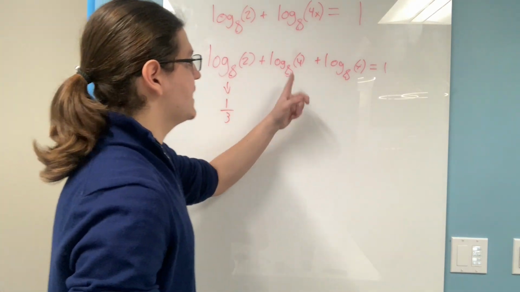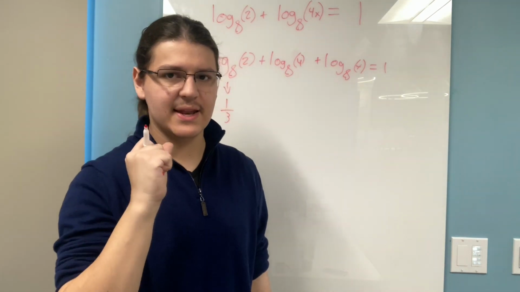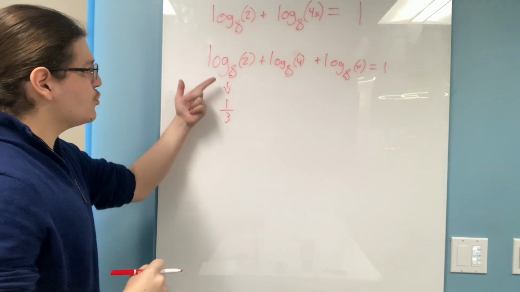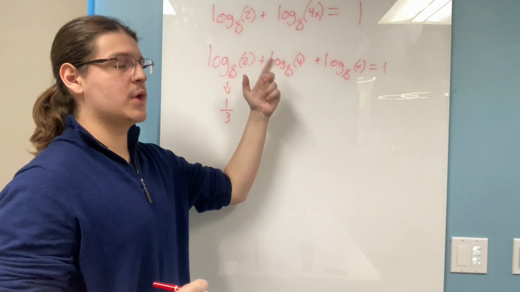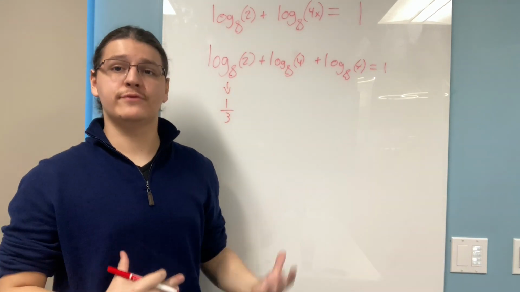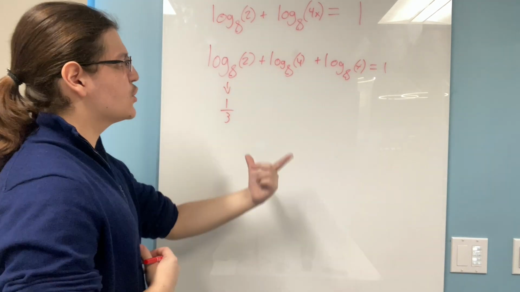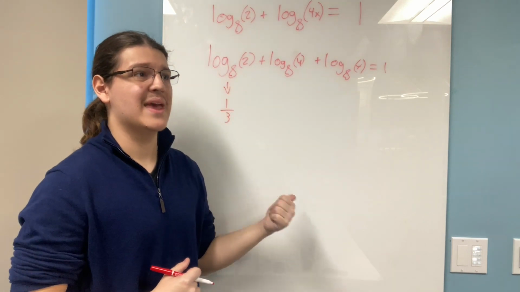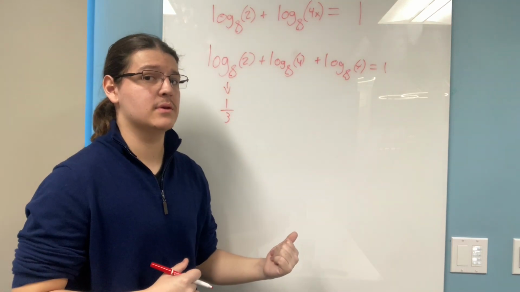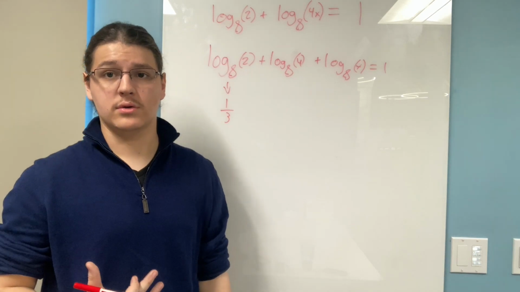Now, log base 8 of 4, let's think again here. The cube root of 8 is 2. 2 squared is 4. So if we took the cube root of 8 and then square rooted that, that would be equal to 4.